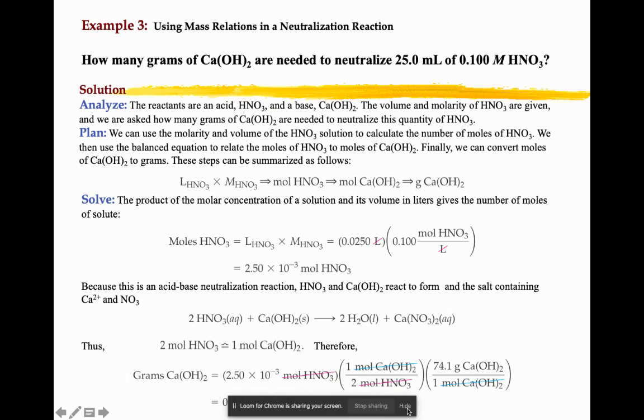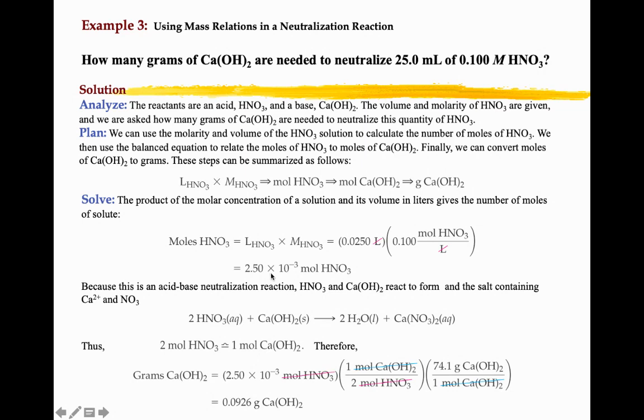So we have 2HNO3 plus calcium hydroxide will give us 2 moles of water and calcium nitrate. And we see that 2 moles of HNO3 is stoichiometrically equivalent to 1 mole of calcium hydroxide.